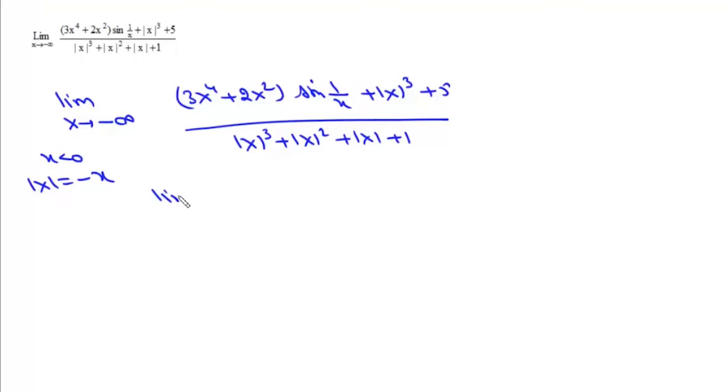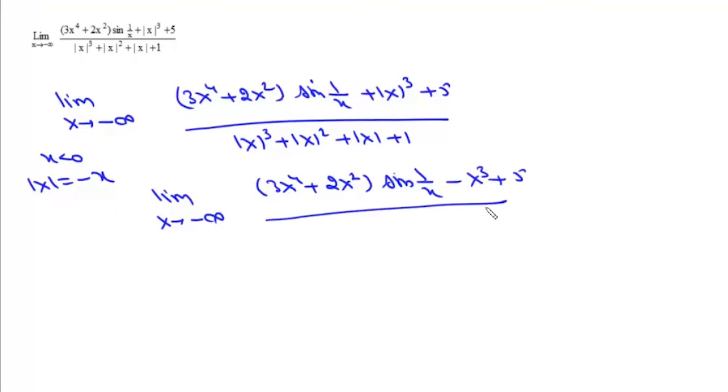So we write this as limit x tends to minus infinity, and this is 3x to the power 4 plus 2x square sine 1 by x minus x cube plus 5 upon minus x cube plus x square minus x plus 1. Now we'll divide everything with x cube.